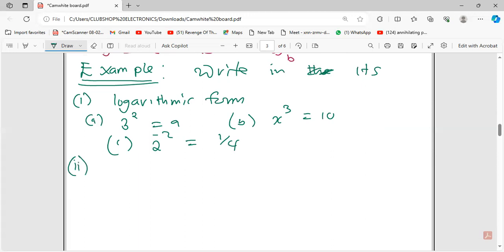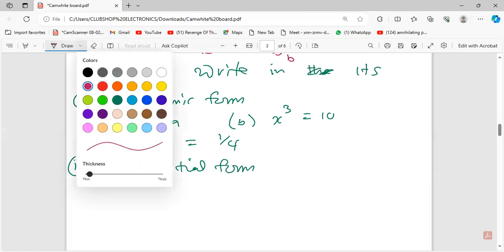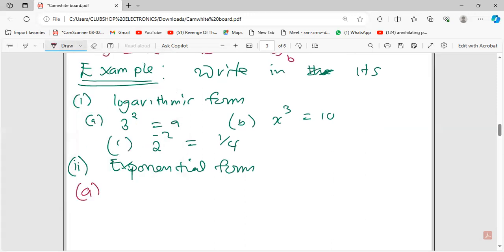Number two, write in exponential form. A, 4 is equal to log 3 of x.